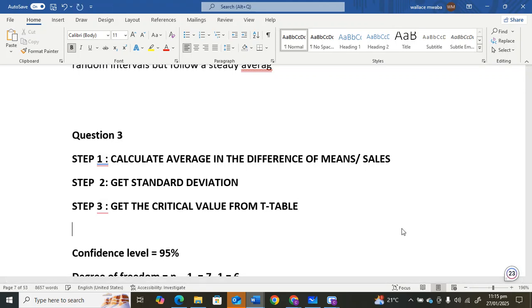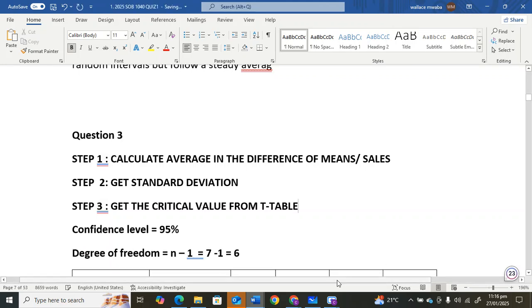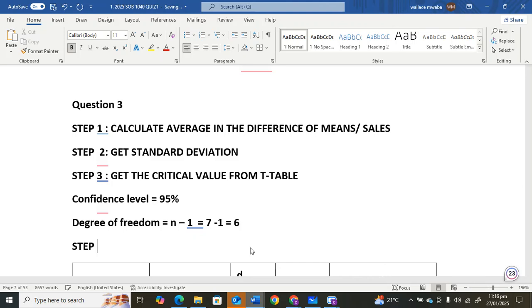So the final step, step four, get your standard error. Are you following? Any questions? All right. So step four, you get the standard error.